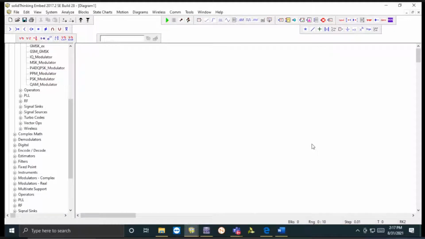So if Tm is the minimum period of the message signal, please note this down, and Ts is the period of the train of impulses, then Ts should be less than or equal to Tm by 2.